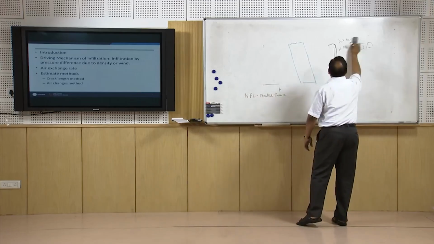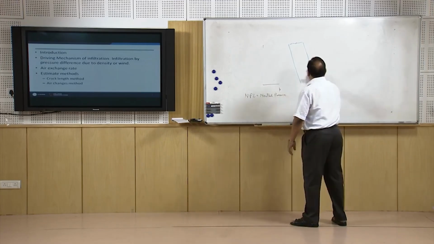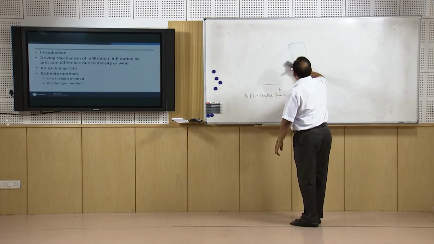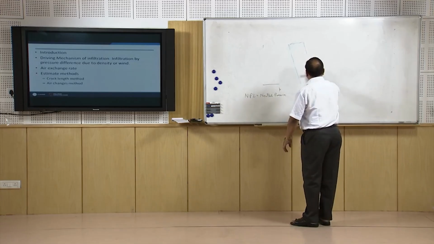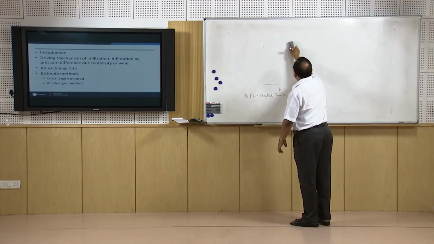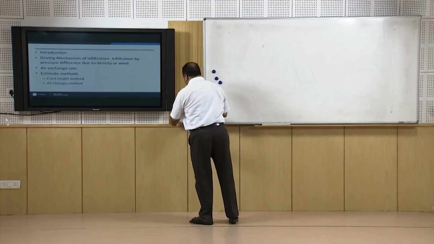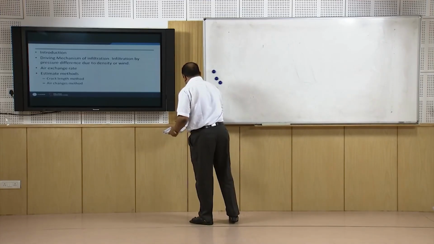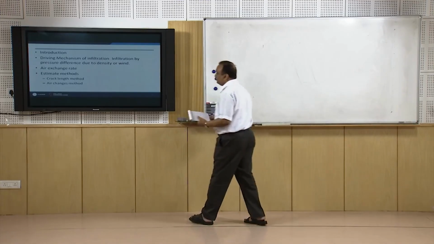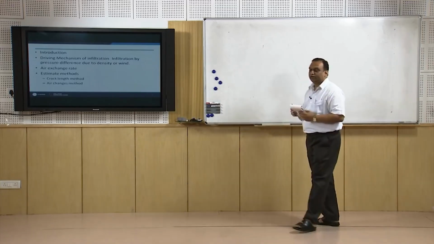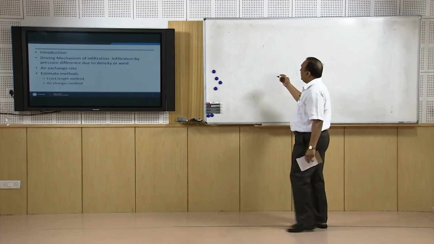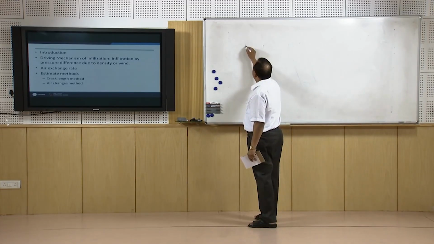Now after this, we will take up how to quantify the infiltration, how to calculate the amount of air which is getting into the building. Before that, I would like to explain air exchange rate.